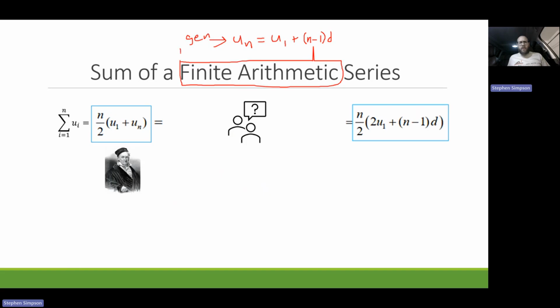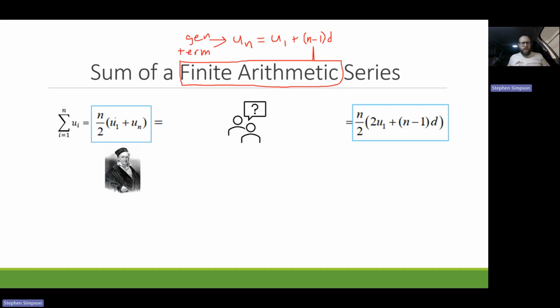Here, what we're talking about is a summation, the sum of a certain number of terms from this series. So this formula from last week helps us find one specific term. This formula down here by Carl Friedrich Gauss helps us find the sum of a certain number of terms. So here's the idea.